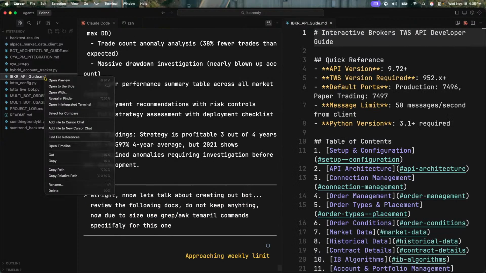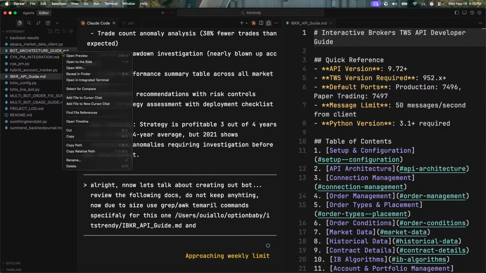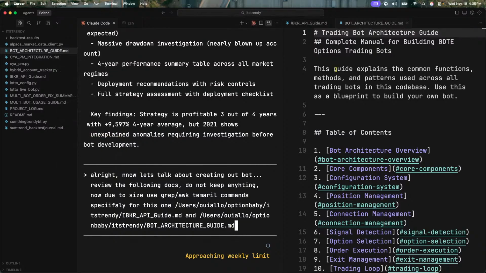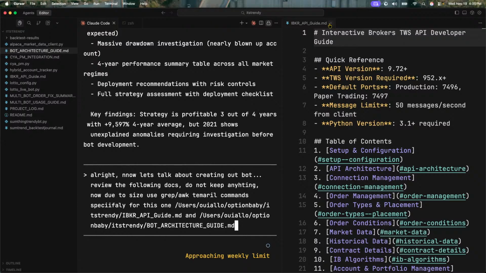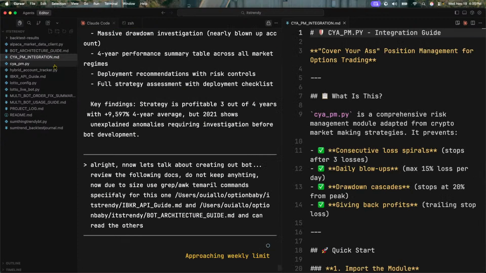Oh, let me say, but I know I brought this over. And you copy path. And can read the others.